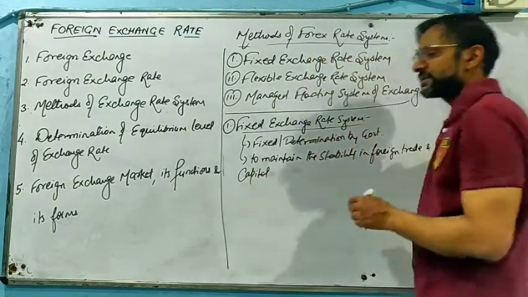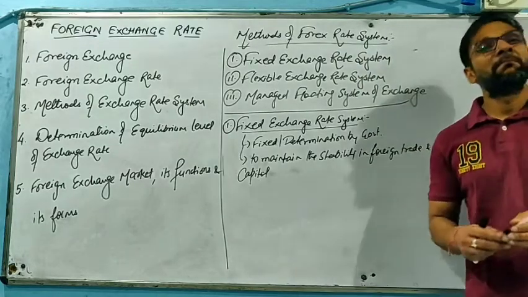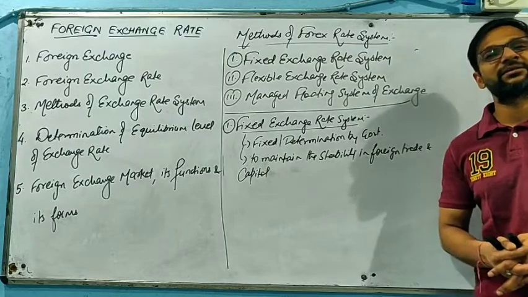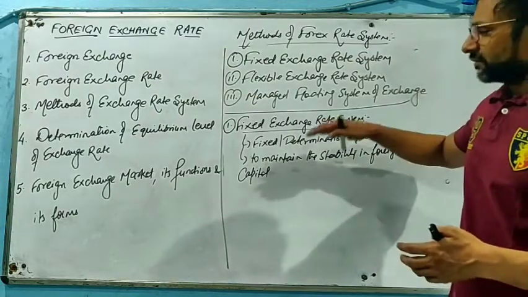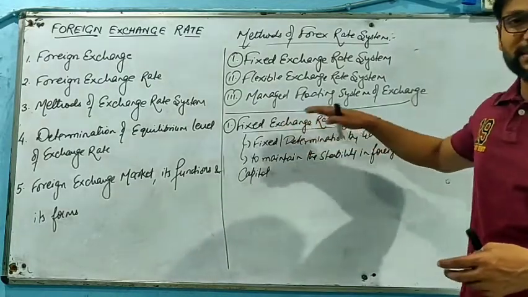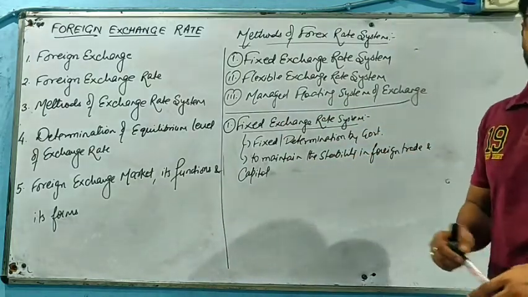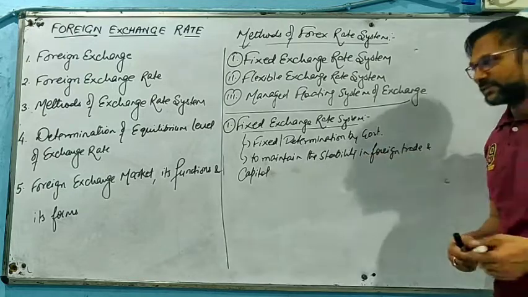In simple terms, we can say that in order to avoid market fluctuations or unnecessary fluctuations in international trade measures, the government resorts to a fixed exchange rate system. It means to maintain stability in foreign trade as well as capital.